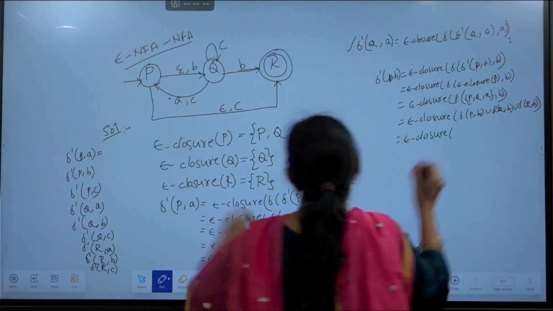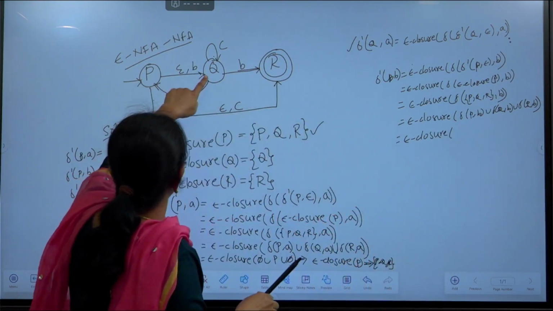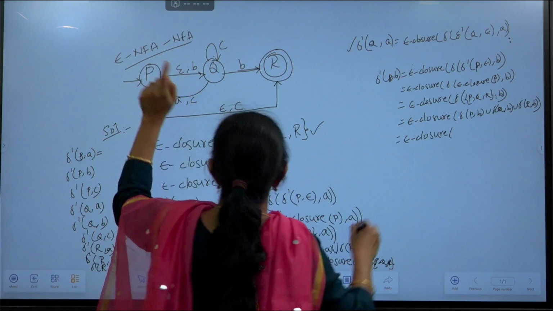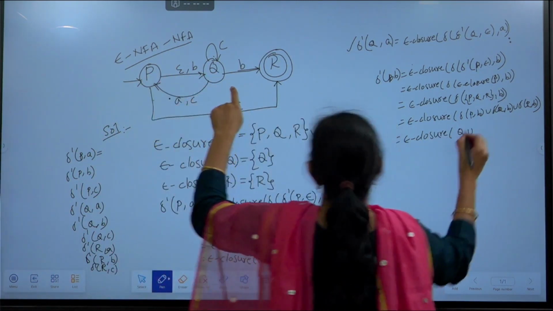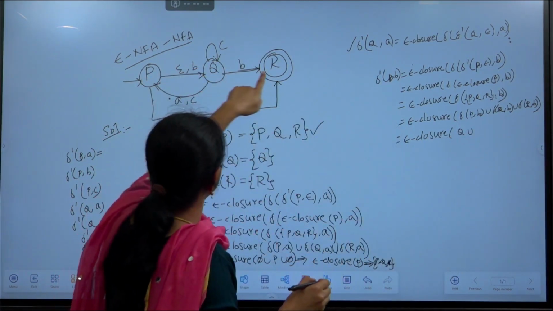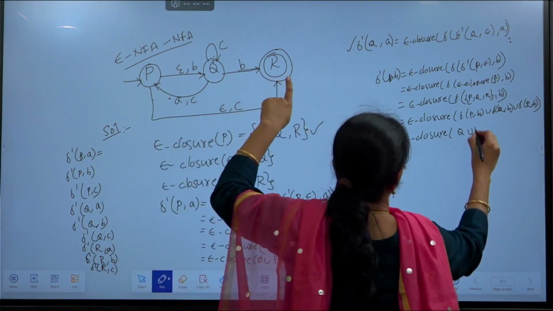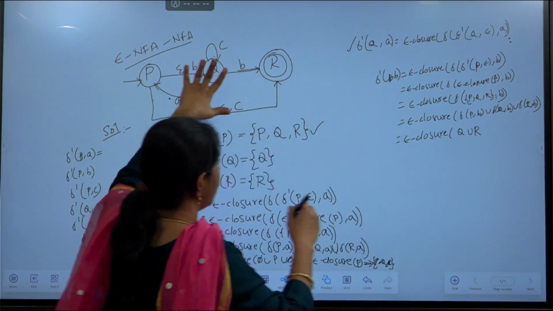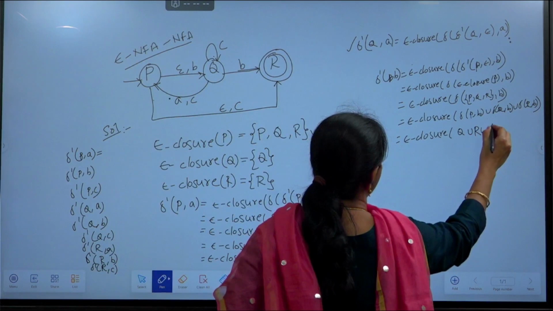P on input alphabet B is reaching Q here. Q on input alphabet B, the transition is R. And R comma B, from R we don't have any transition.